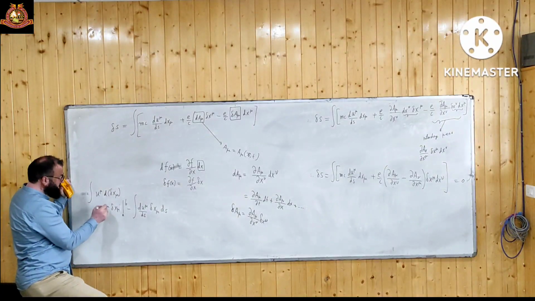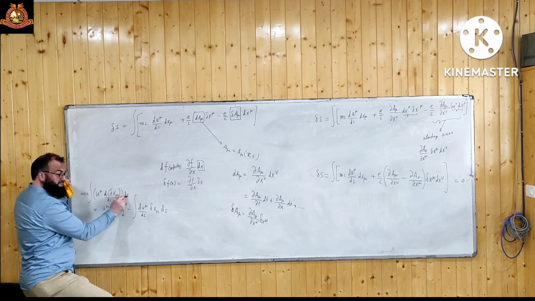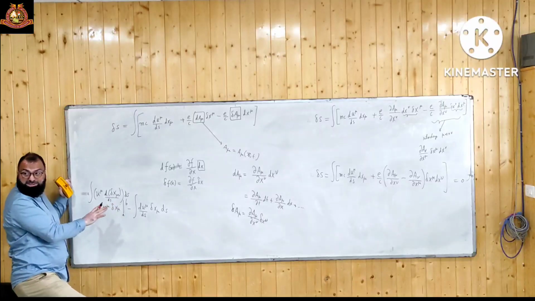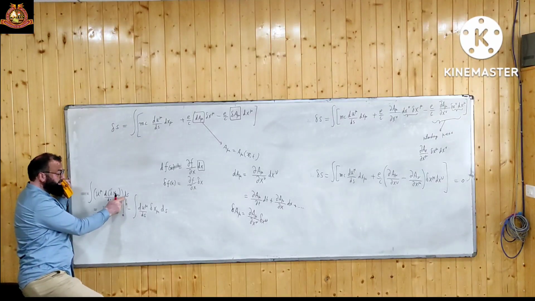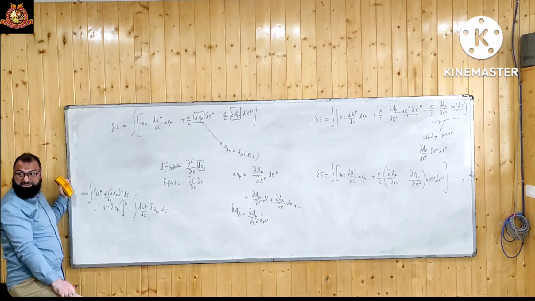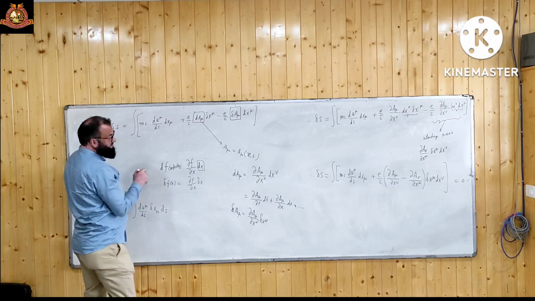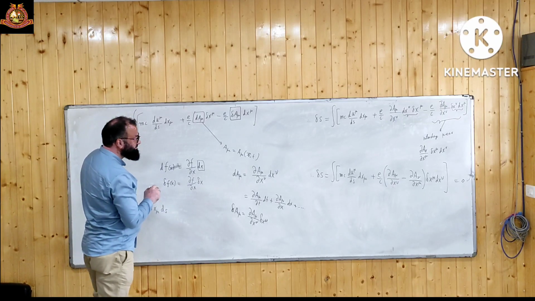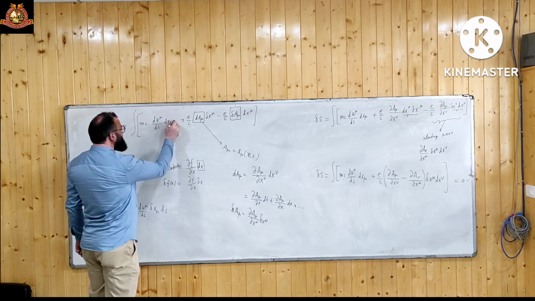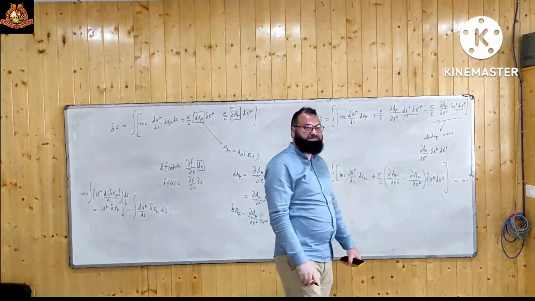So it will be simply ds multiplied by ds. Clear? We forgot a factor of ds. That's why there was an error. So you can write ds. Samajha?